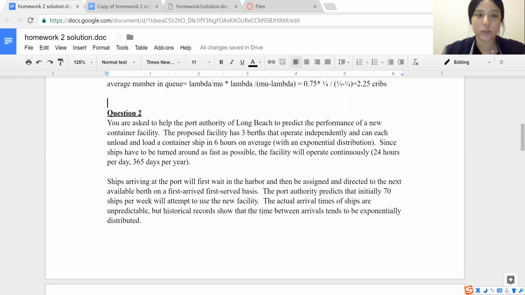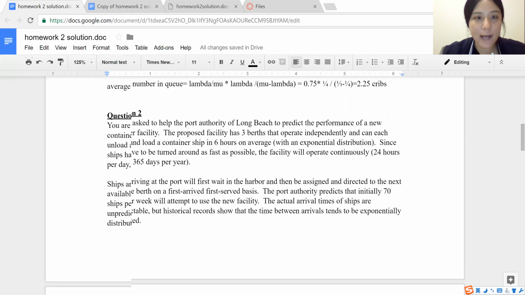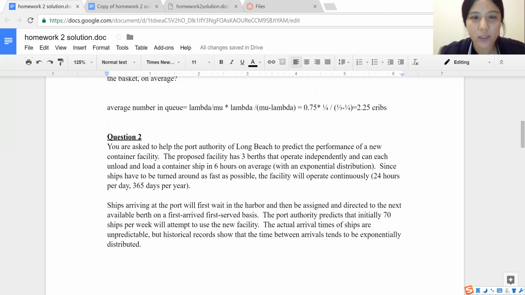Okay, next let's look at question 2. You are asked to help the Port Authority of Long Beach to predict the performance of a new container facility. The proposed facility has 3 berths that operate independently and can each unload and load a container ship in 6 hours on average.